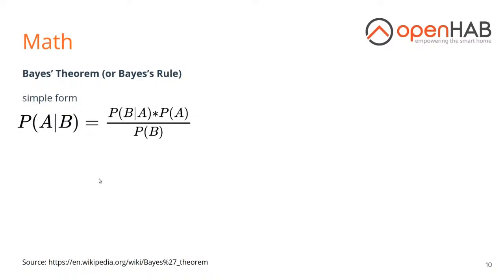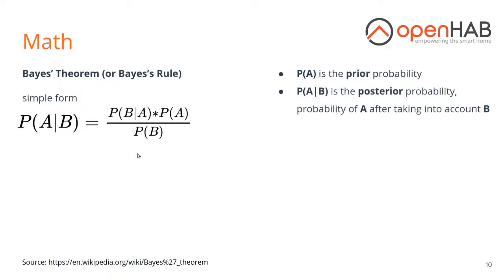Okay, back to the simple form. What do we have here? We have P(A), the probability of A, which is called the prior probability. We have the conditional probability P(A|B), which is called the posterior probability, and which will be the result.